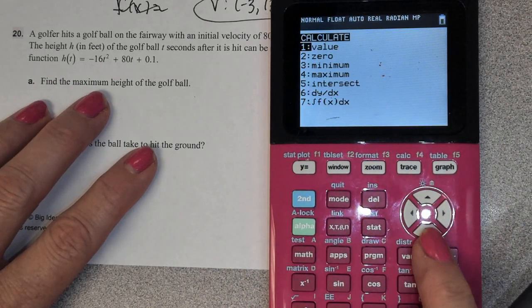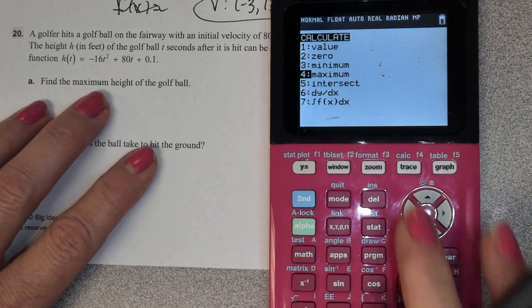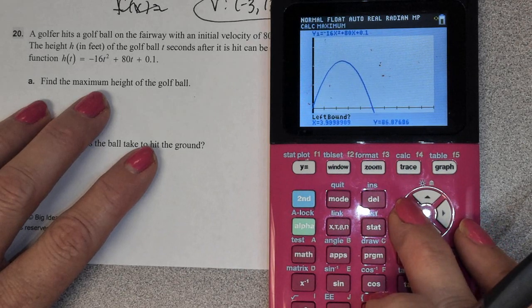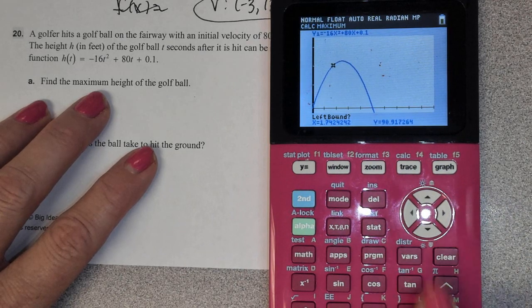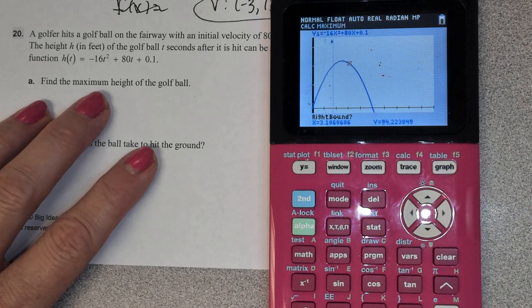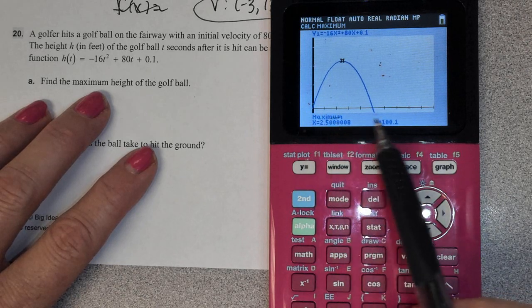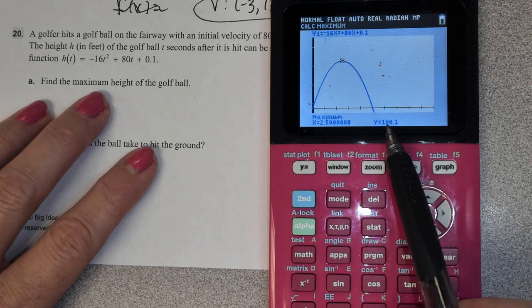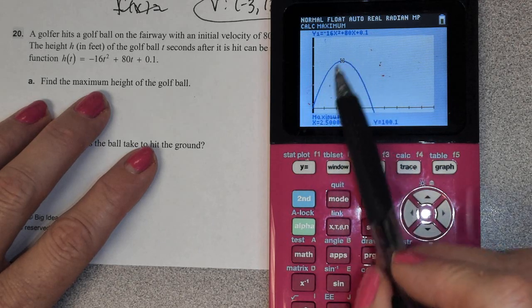All right, so I'm trying to find that maximum height. We just do our second trace calculate, find that maximum. We go over to the left and over to the right. Make sure you hit enter after left bound. Enter after right bound. So is my highest point 2.5 or 100.1? 100.1 because the y's are the height.